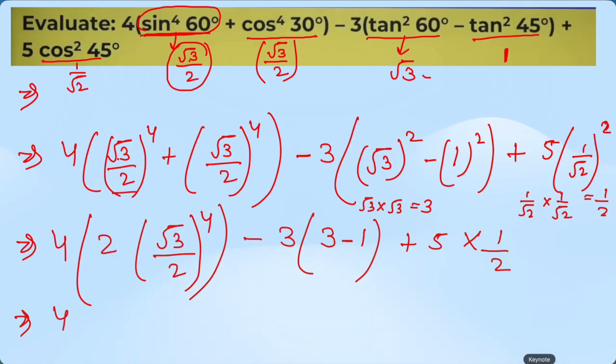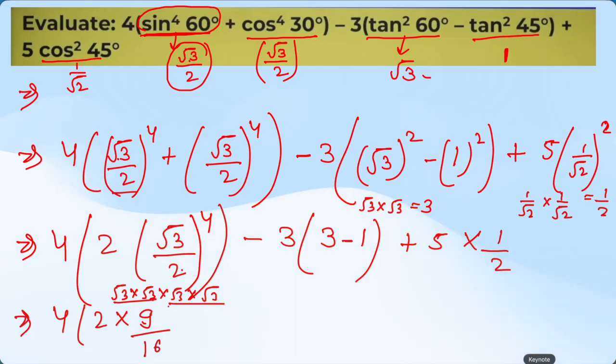In the next step, we will have 4 times 2 into, what is root 3 to the power 4? Root 3 into root 3 into root 3 into root 3. It will be 3, it will be 3. So 9. 9 by 2 to the power 4. What is 2 to the power 4? Very good, 16.